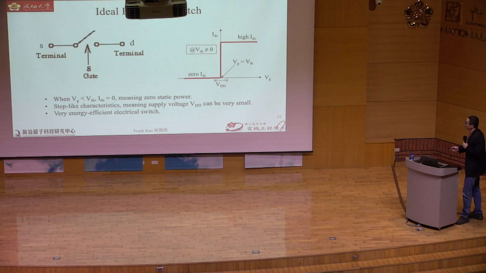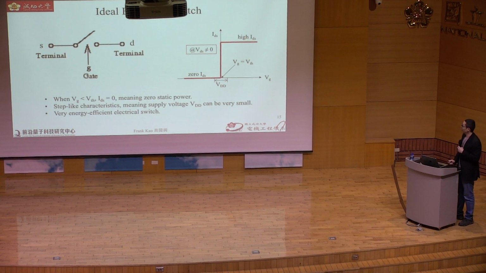So before going into the detail, this is the ideal electrical switch. You have 3 terminals to control the device, and when your gate voltage is lower than the threshold, you don't have any current. The current is 0. That means you have 0 static power.